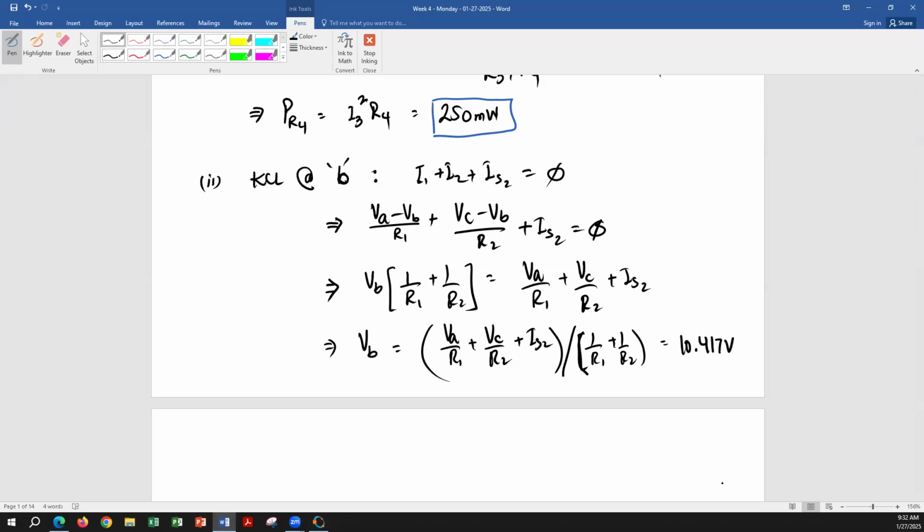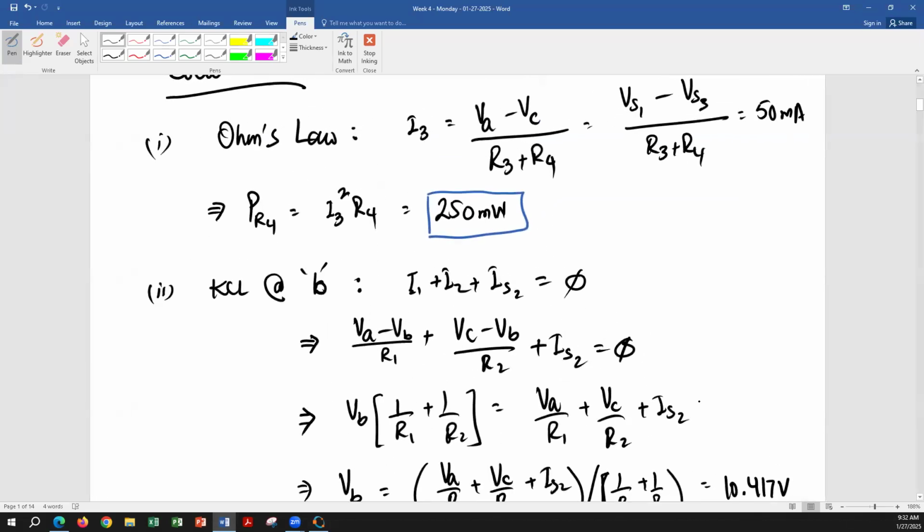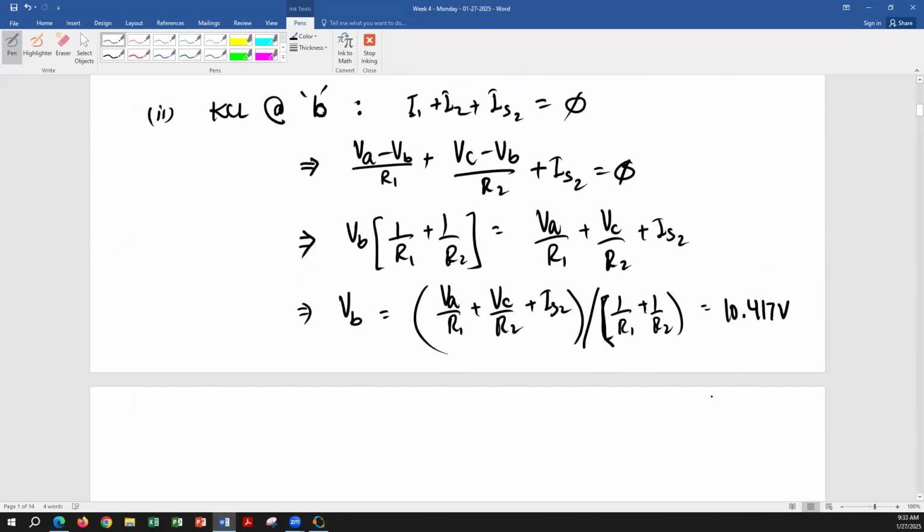Yeah, resistance value? Yep. Got it? 10.417? Okay.